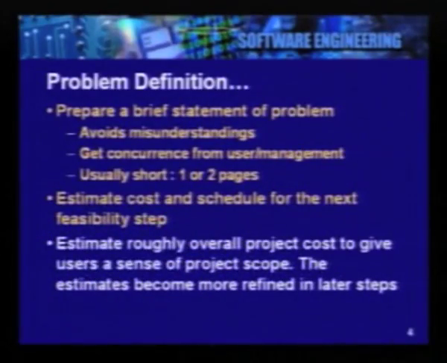So we try to tell them at this point how much it would cost and what time it will take in order to carry out the feasibility step. This project cost gives the users a sense of commitment towards effort and money. At this point, they should be very clear that in order to solve this problem, they have to have resources.